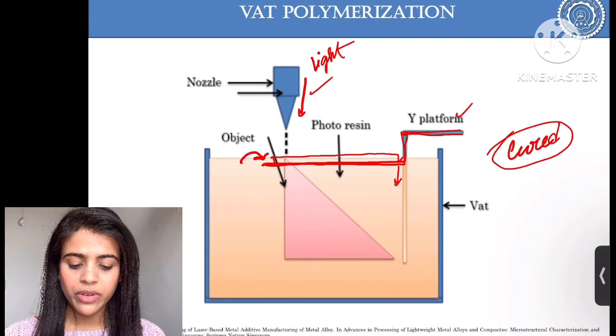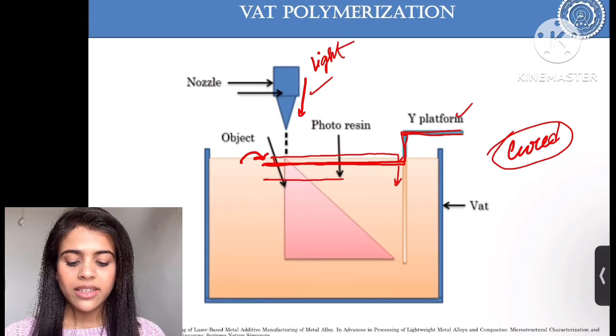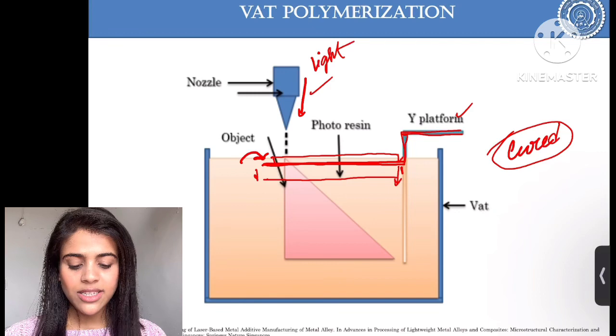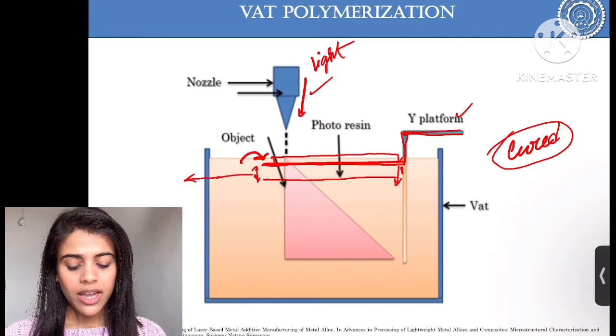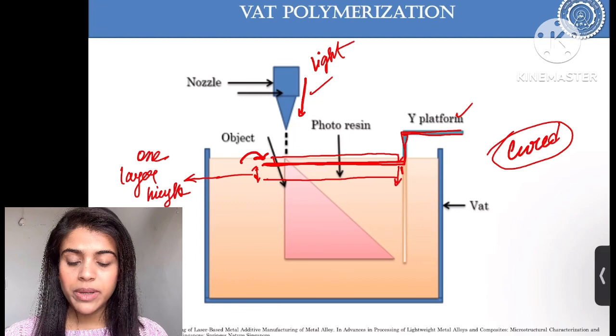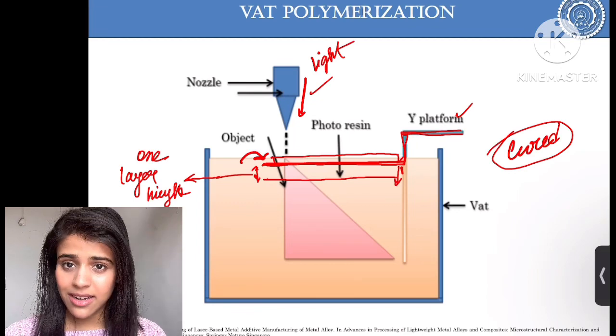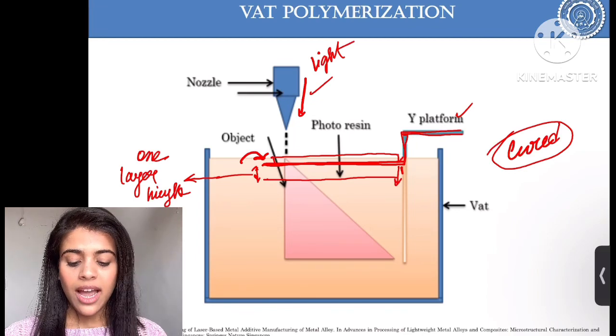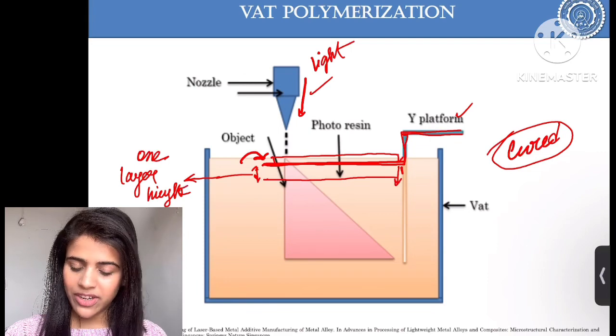Now this platform will be lowered by the amount of the layer thickness or layer height. Again, the resin present inside the vat will come over the first layer which has been deposited over the platform. The light, or the laser light, will be exposed again, and the next layer will be solidified.